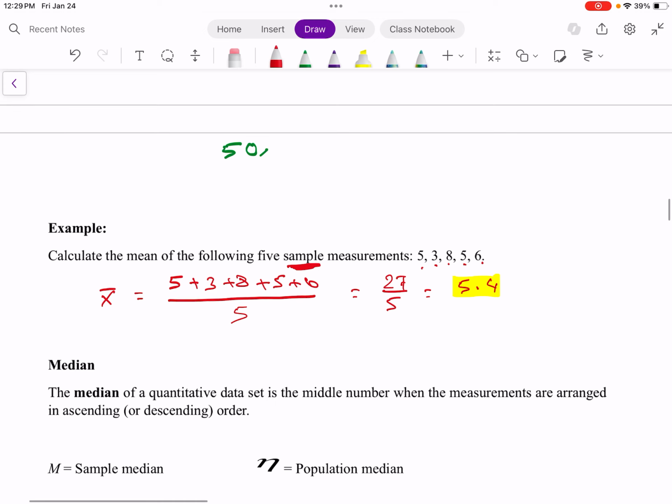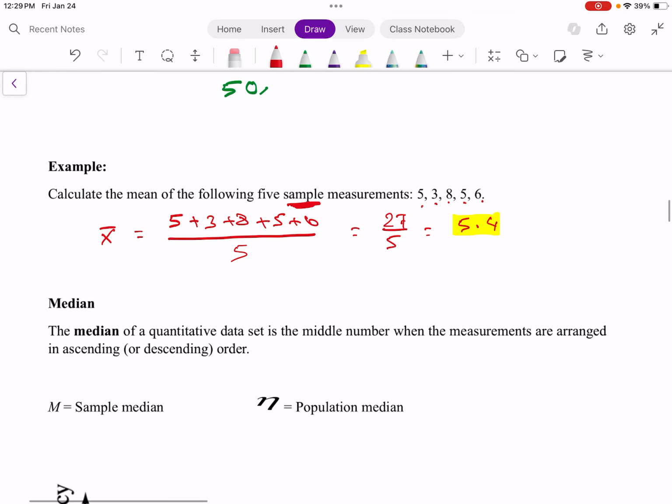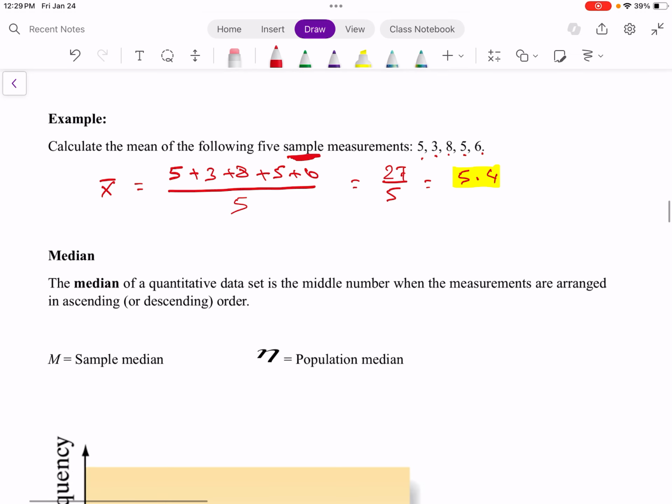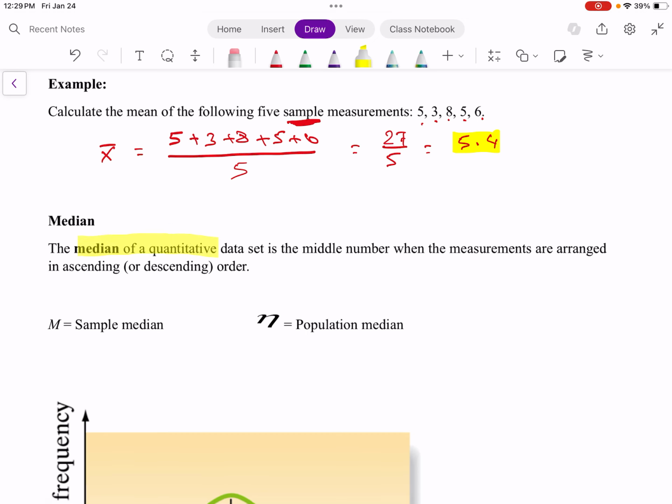So this is one way to describe our data set, calculating or finding the mean. The next way to find the central tendency is finding the median. The median of a quantitative data set is the middle number. It gives us the middle number when the measurements are arranged in ascending or descending order. So in order to find the median, we have to arrange our measurements in ascending or descending order, and once we have them in order, we pick the middle number.